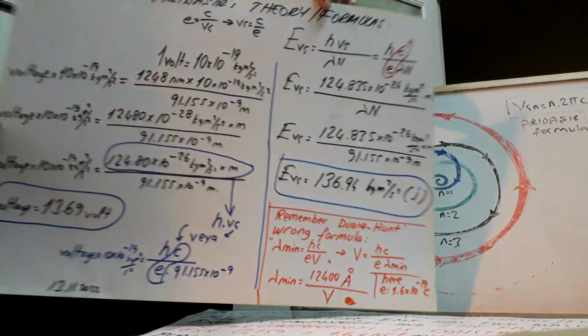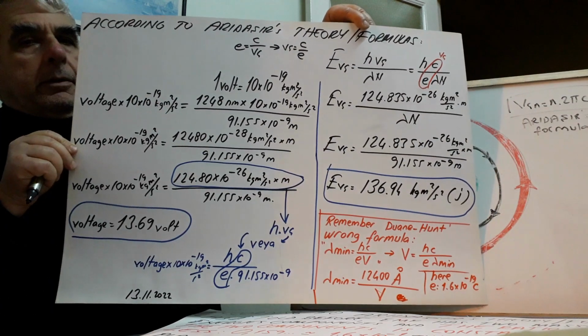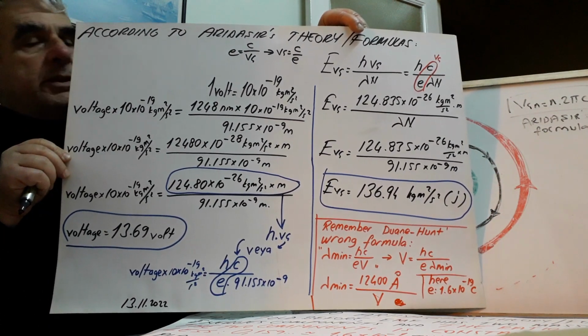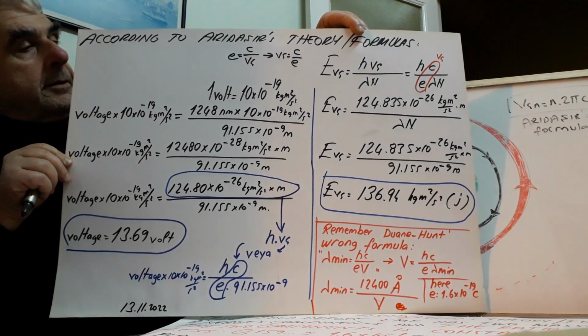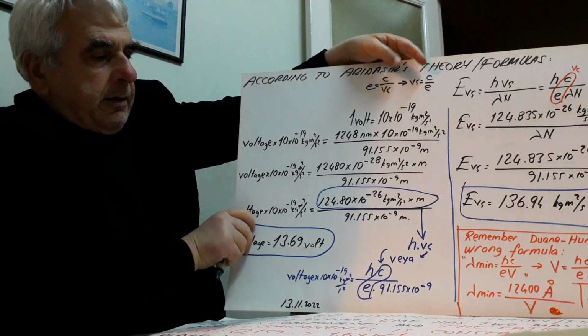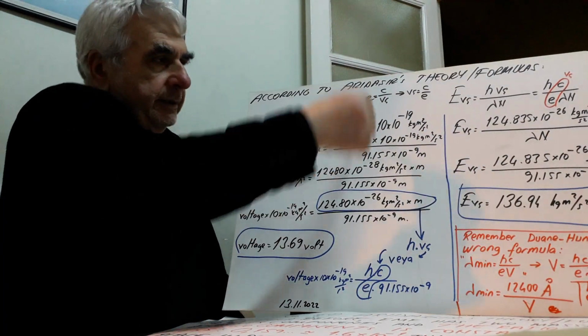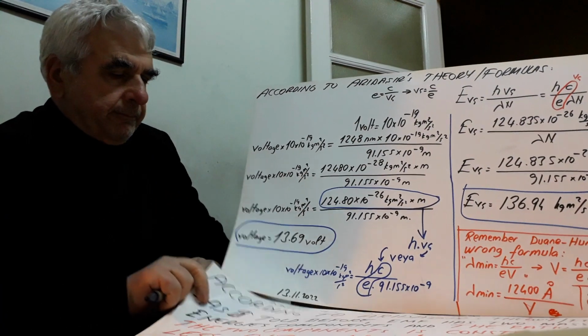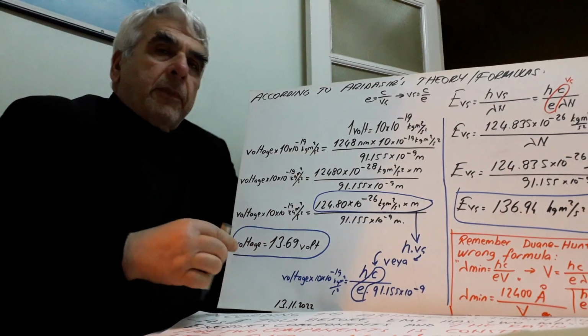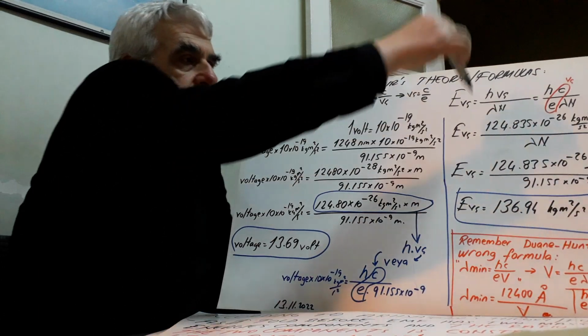Here, snapshot. I advise you to notice and follow each line. We go on left side, this formula, applied voltage formula. Right side, linear velocity component energy formula.